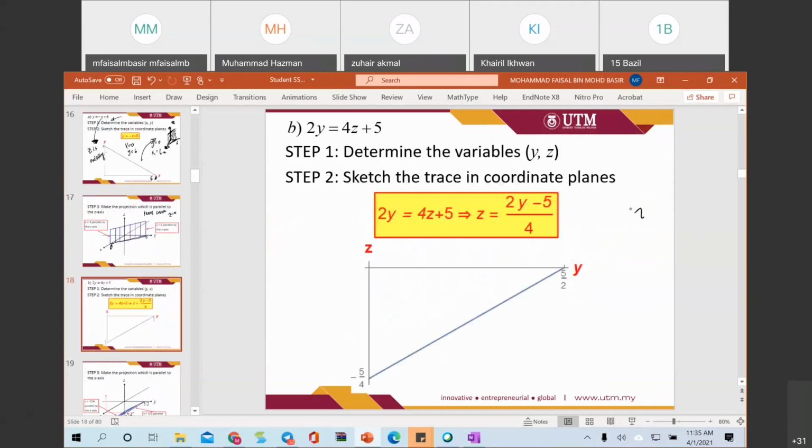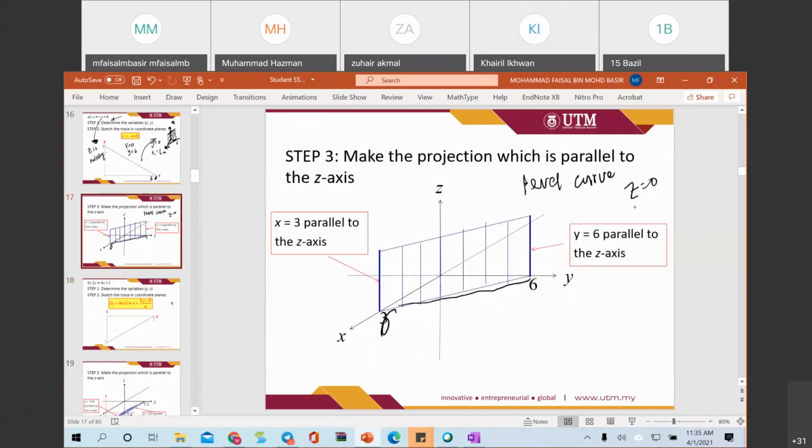If you put z equals 1, it will be another line above this line, right? So when I put z equals 5, it is this line. So this is the surface. This is just a boundary.